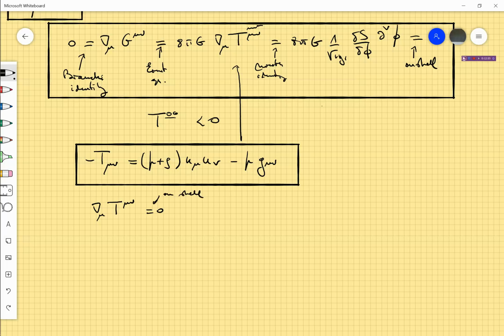So when the equations of motion of this fluid are satisfied, and in fact what one does is to accept that the equations of motion of the fluid are this. So it is a bit tautological.